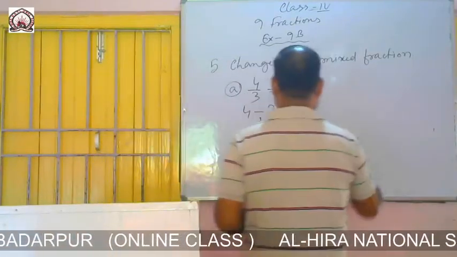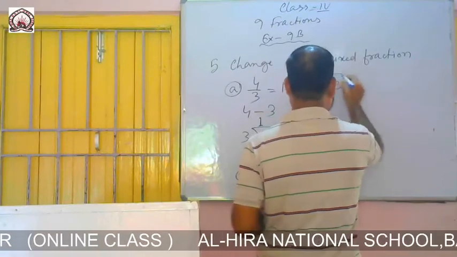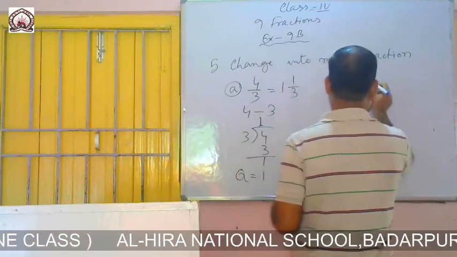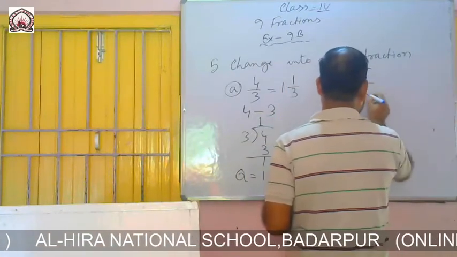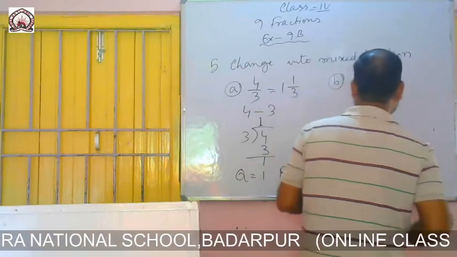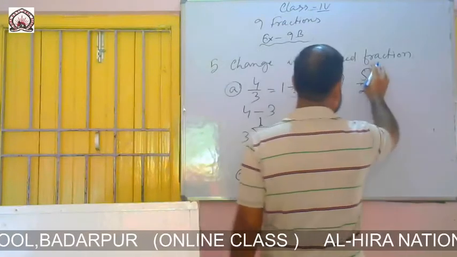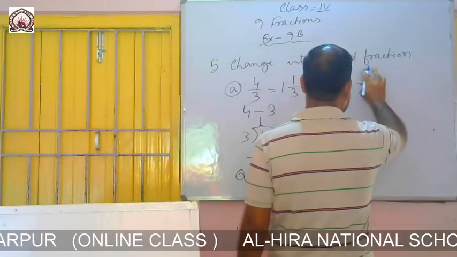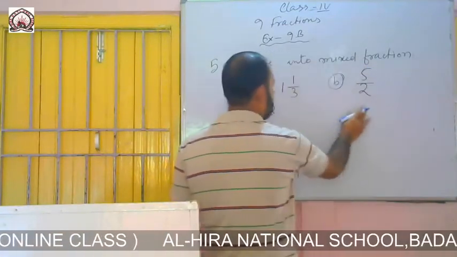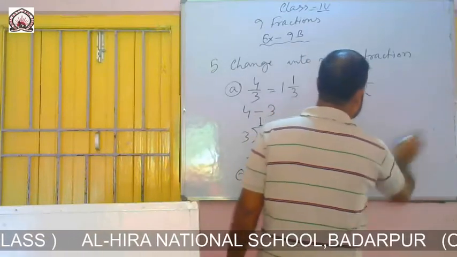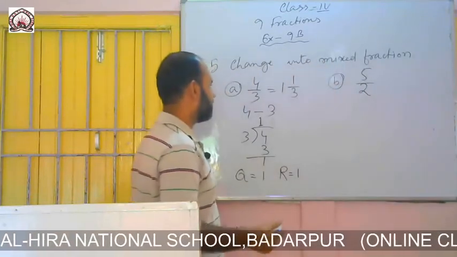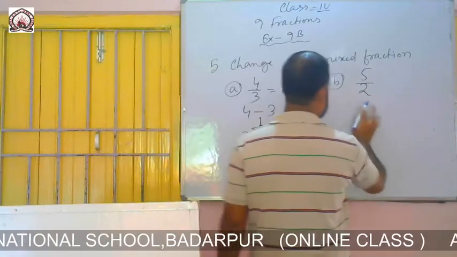Next, question number B, 5 by 2. Here 5 is big and 2 is small. 5 is greater than 2, so it is an improper fraction and we can change it into a mixed fraction.